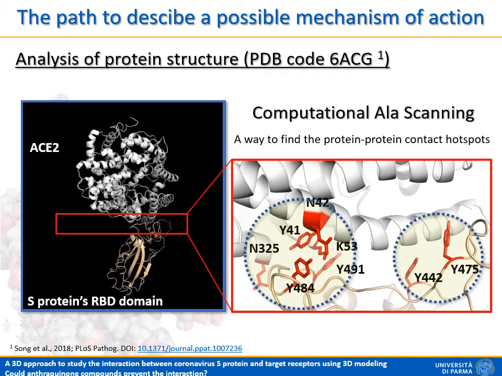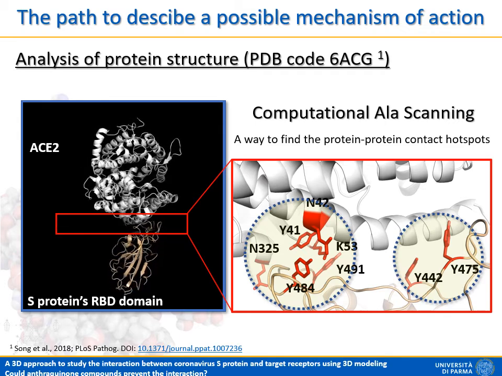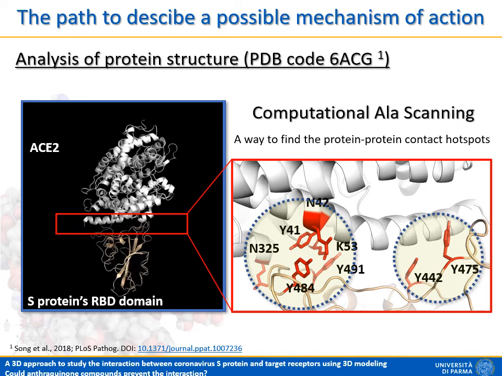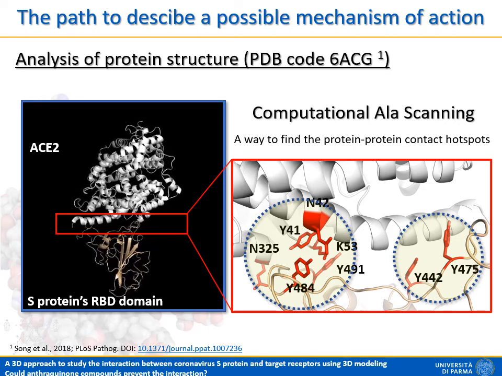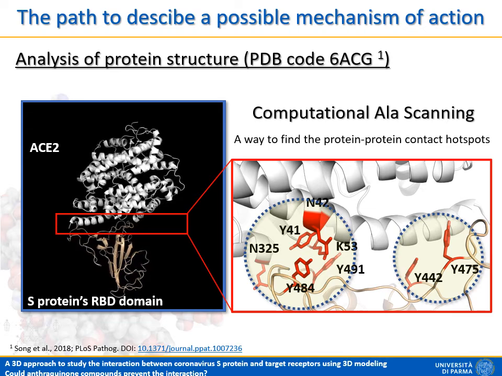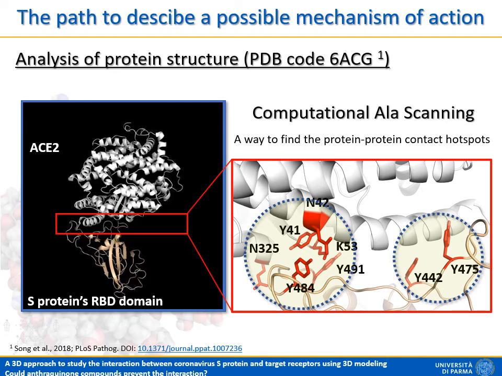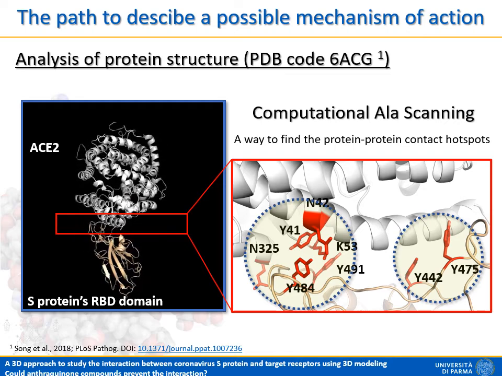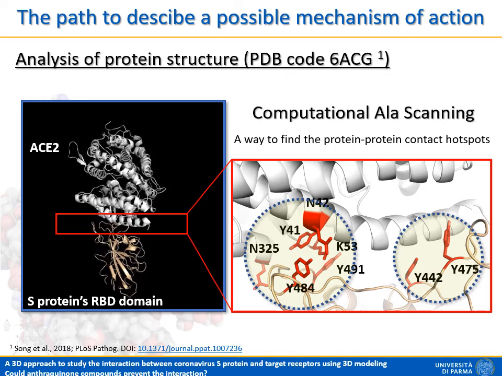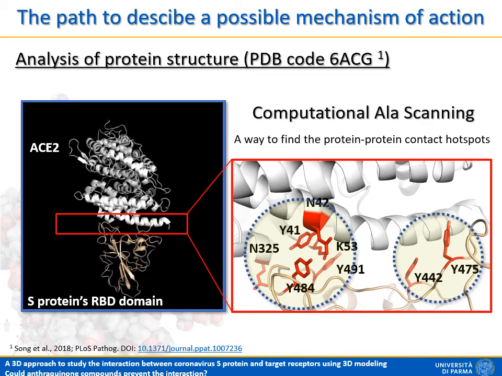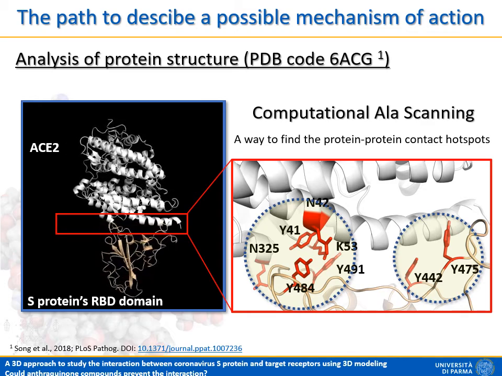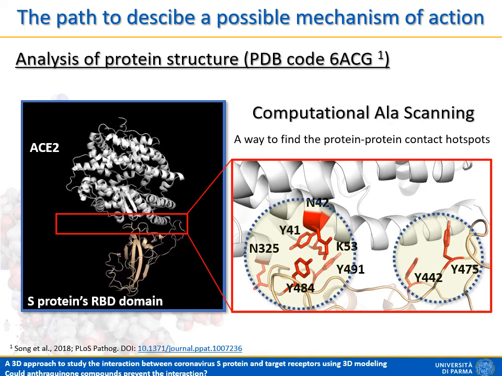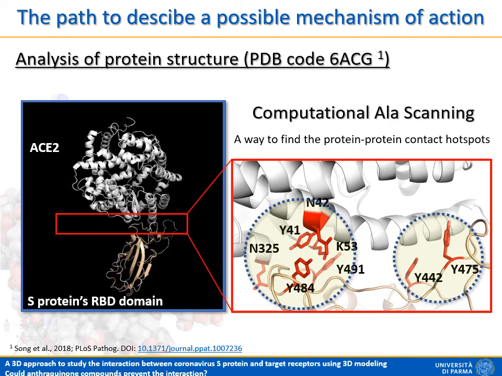To do so, we first analyzed the protein-protein complex formation using computational alanine scanning, and that's a very cool way to estimate the energetic terms of interaction. I mean, we used that approach to identify the regions important to stabilize the viral and human protein complex.